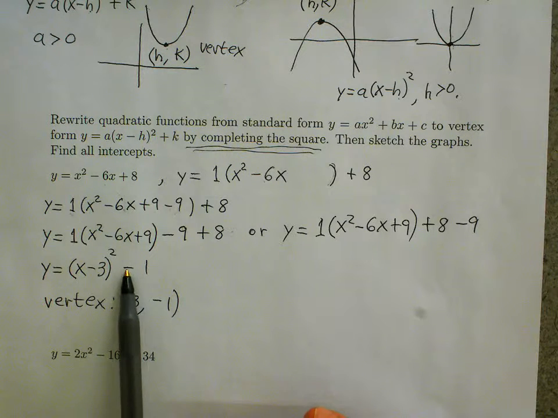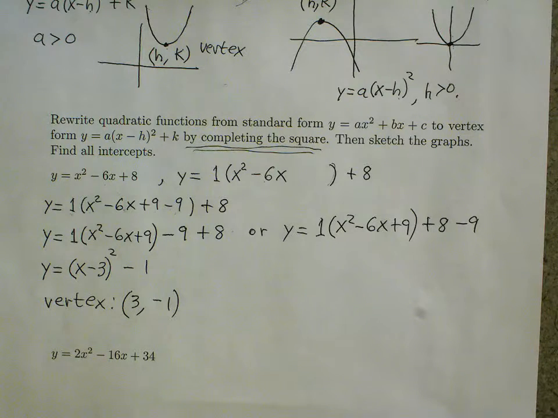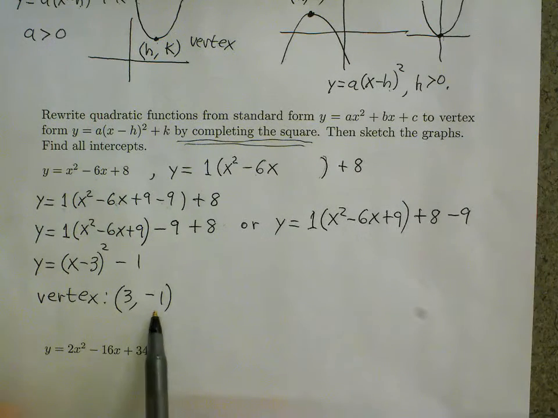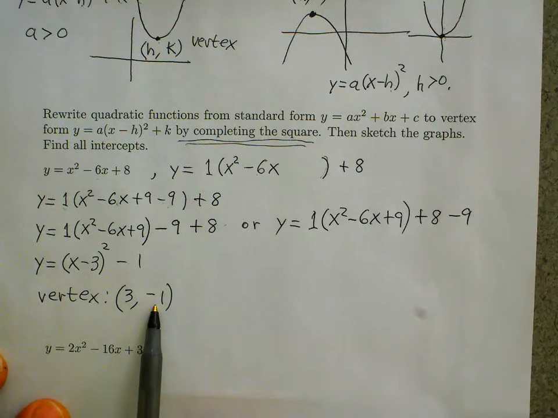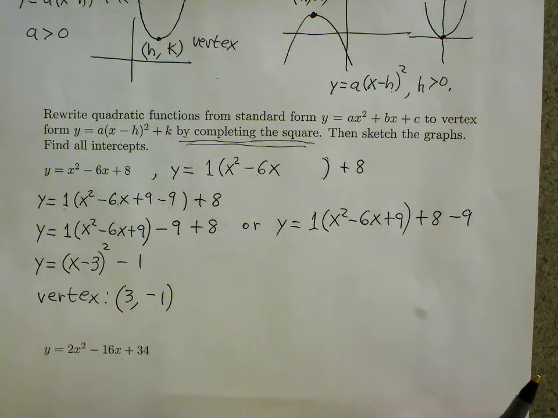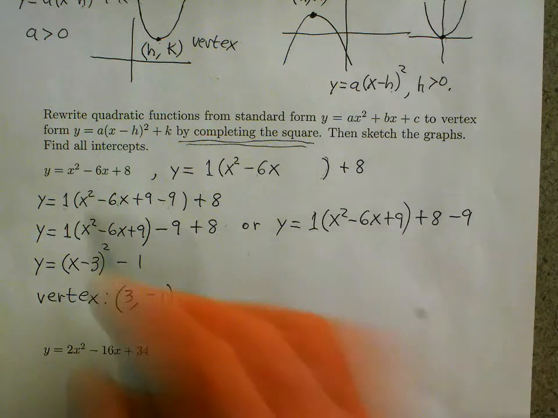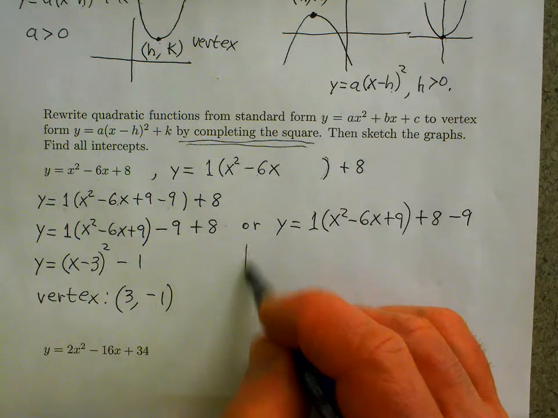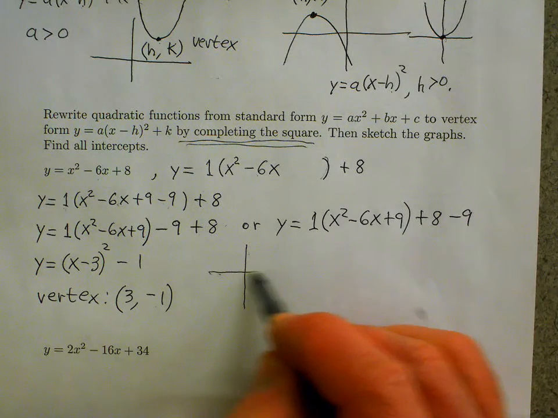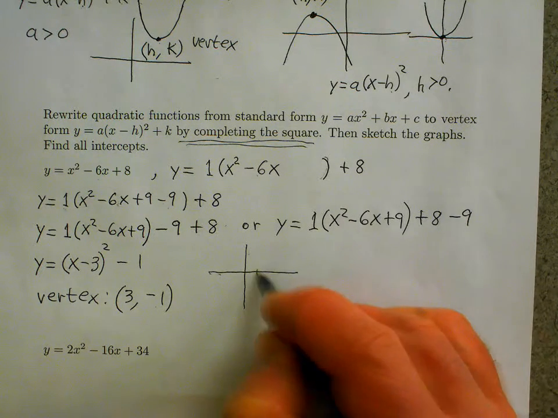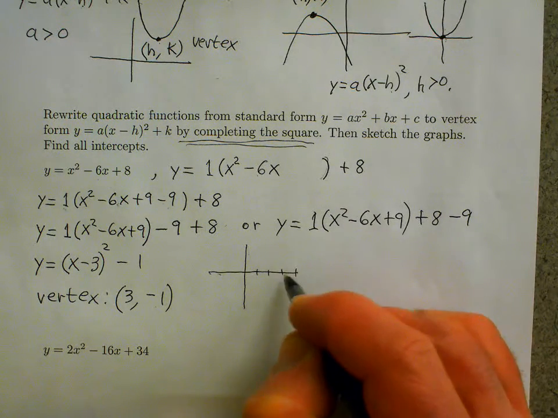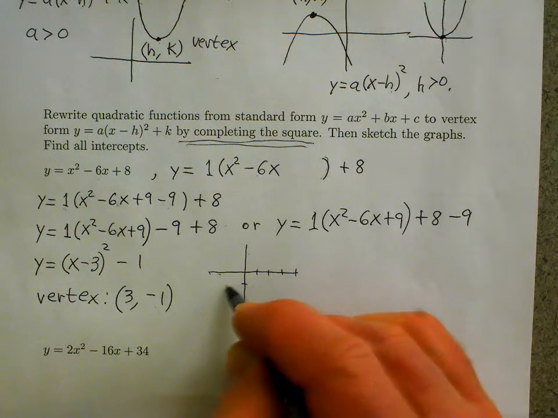When we have minus 1, remember that's the same as adding negative 1. So that means the y-coordinate of the vertex is negative 1. Okay, this parabola opens upward, and the vertex is below the x-axis. It's at 3, negative 1.